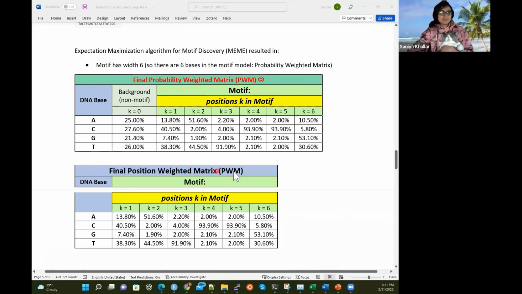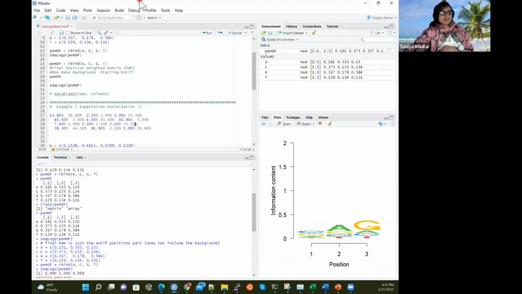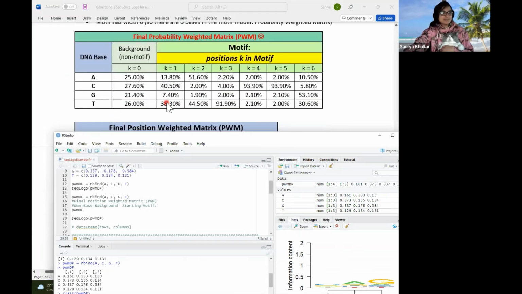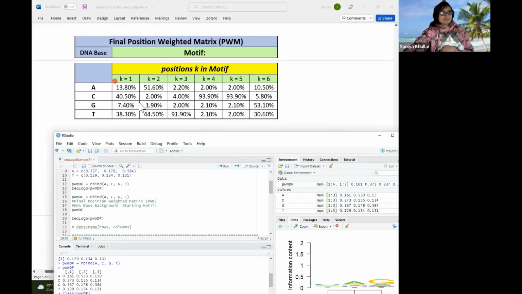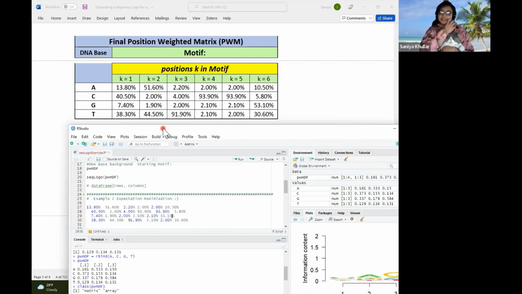I'm going to put this position weighted matrix into R. So in example 2, I basically just copied and pasted this directly into here, but I thought I would do this part with you guys live. 13.8, 51.6, 2.2, 2, 10.5, all of these, each row.